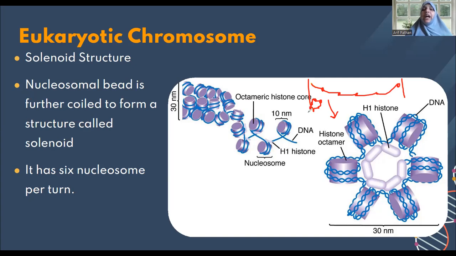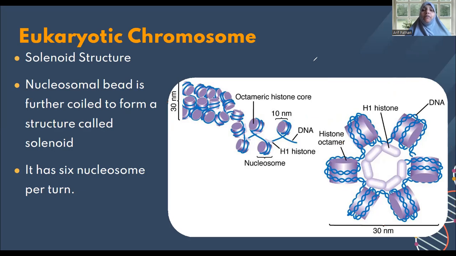This is how a solenoid structure will look. Earlier it was covering this much area, it took this much space. Now it is taking only this much space. So now the level is 30 nanometers. Understood? So 6 nucleosomes will come together and make up a solenoid structure.